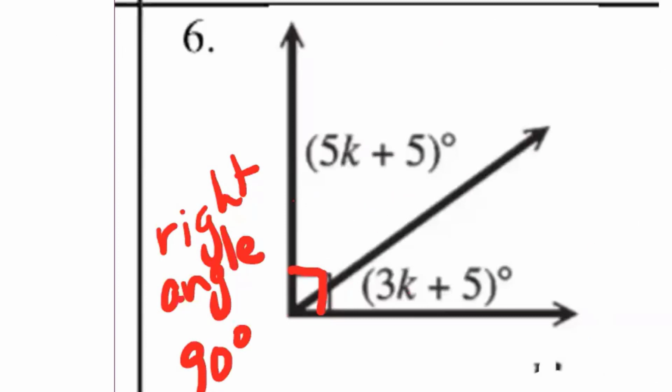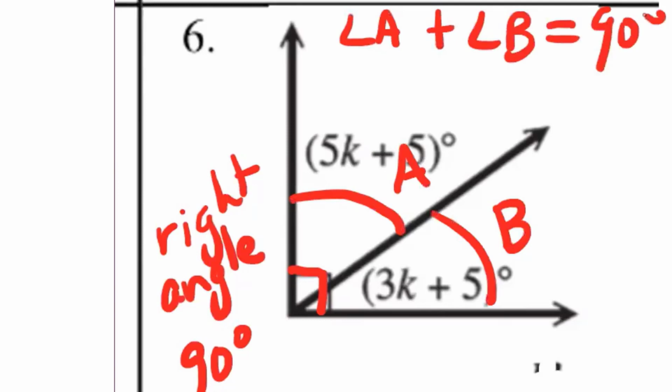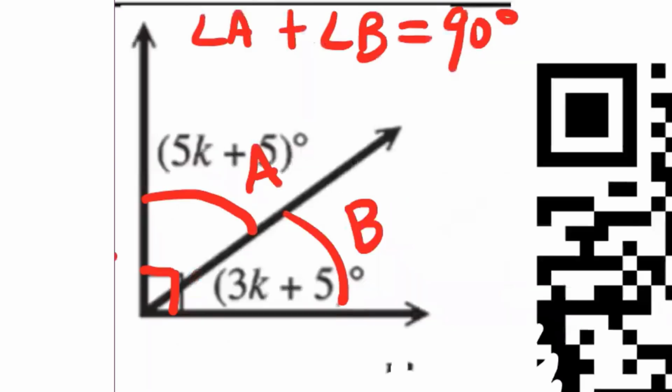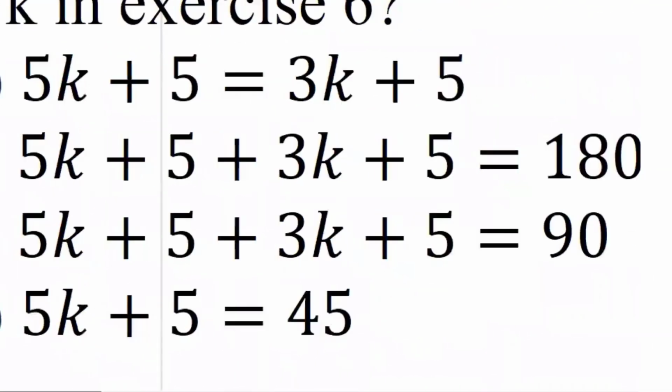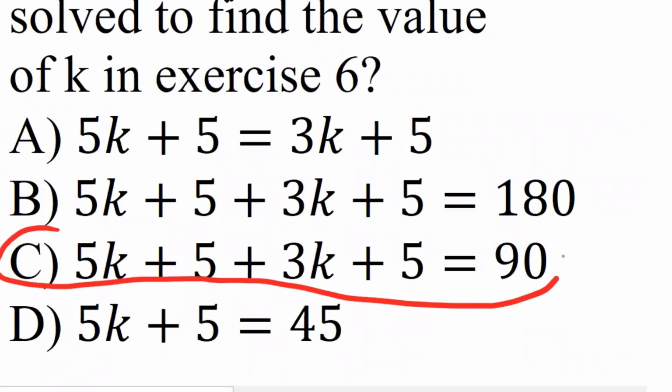So that means that if you have this angle 5k plus 5, let's call that angle A and B just to simplify for a second. So what we know is angle A plus angle B has to add up to 90 degrees. So one of them is 5k plus 5, the other one is 3k plus 5. So that means that it has to be C. They add up to 90 degrees.